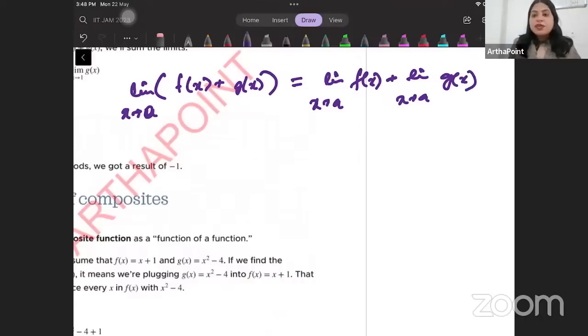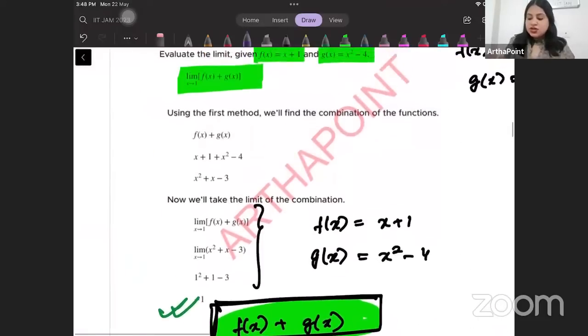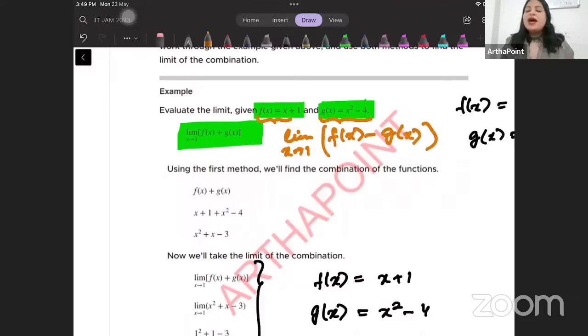Okay beta, I am giving you 1 minute. Just do the same thing with f(x) minus g(x). This is a practice question. So f(x) is given, g(x) is this. Find limit x tends to 1, f(x) minus g(x). I am giving you 1 minute. Just solve this, post your answer, and then let's see what your answer is.